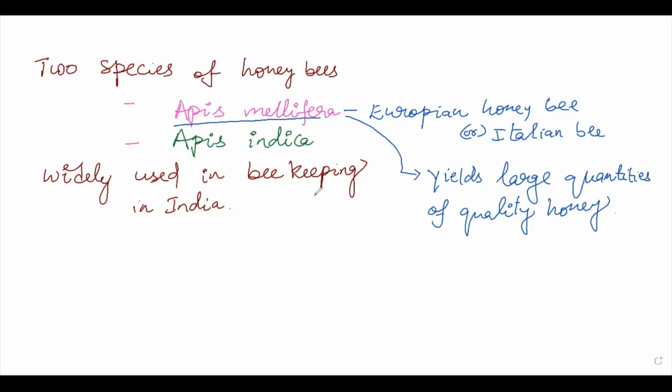In the same way, our Asian honeybee, Apis indica, is called the Indian honeybee, or also called the Asian honeybee.